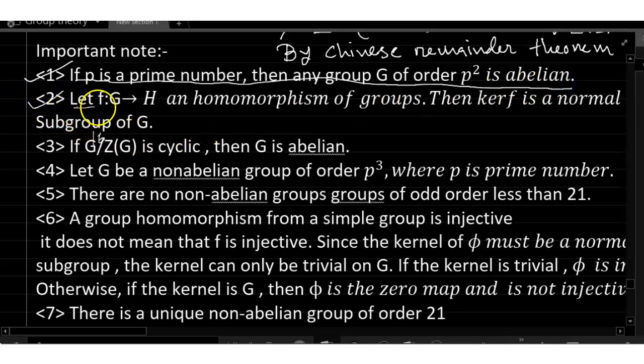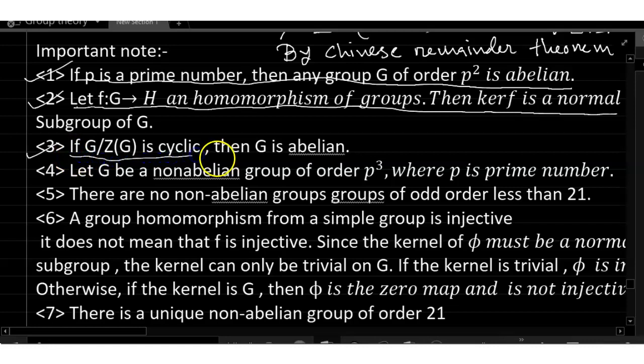Let phi be a homomorphism from G to H, then the kernel of phi is a normal subgroup of G. If G by Z(G) is cyclic, then G is abelian.